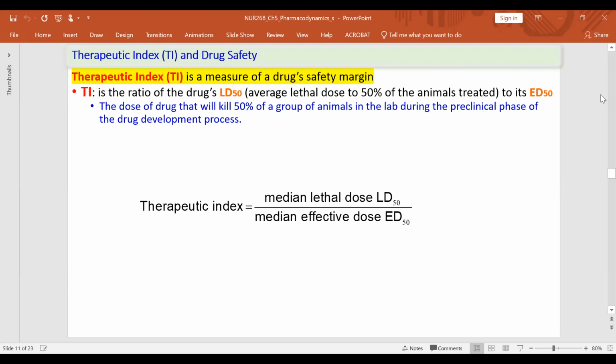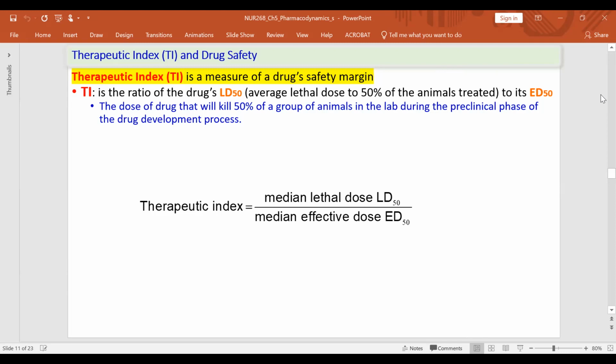So the nurse's skill is critical in determining if an average dose is effective by doing patient observation, taking the vital signs, and monitoring the lab data and lab values.